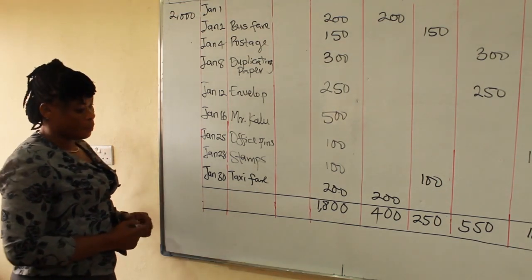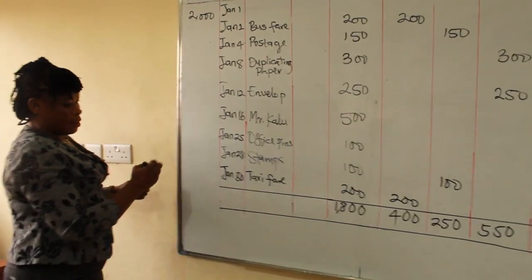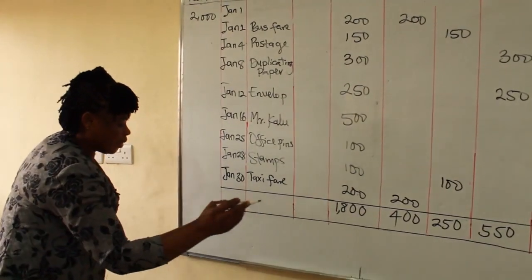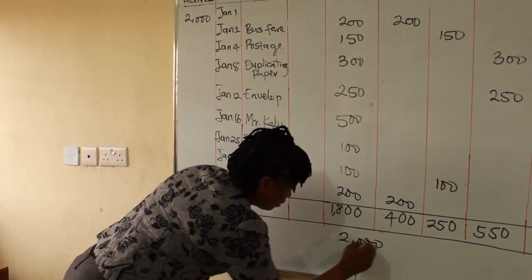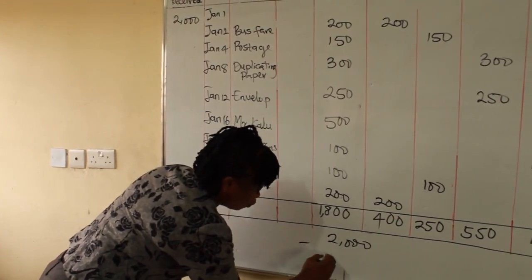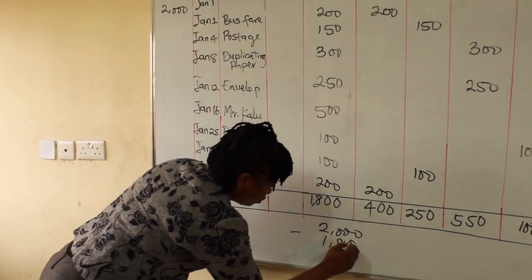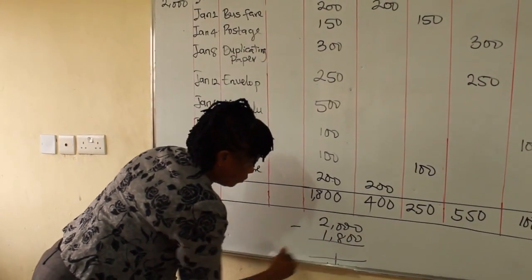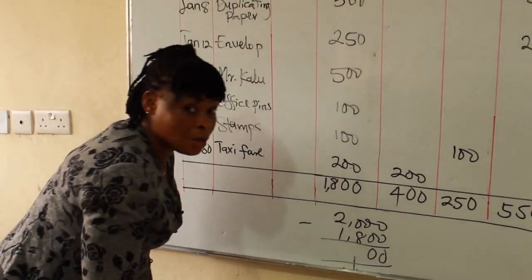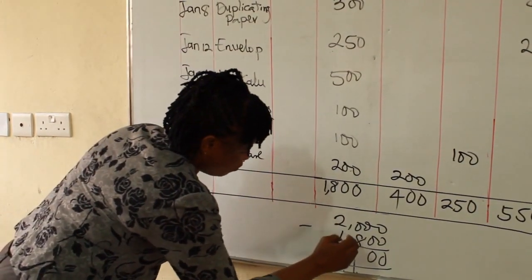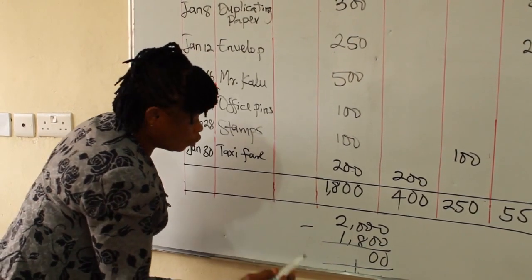Now let's do it somewhere here. 2,000 naira minus 1,800 naira. 0 minus 0, 0. 0 minus 0 will give us 0. 0 minus 8 cannot go. What do we do?